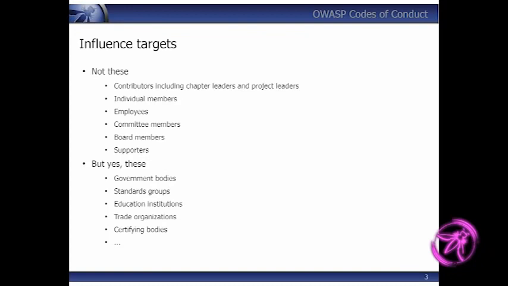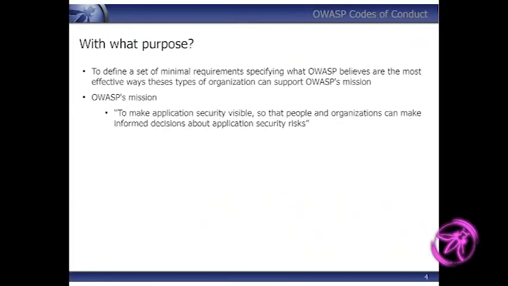At the moment, these are the types of groups that we're trying to target with these documents, and I'll explain why. Government bodies, standards organizations, standards groups, education institutions, trade organizations, so professional membership, industrial, particular sector membership organizations, and also application security training and skill certifying bodies. So those are the groups.